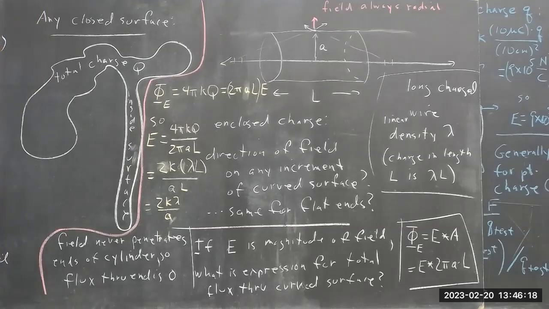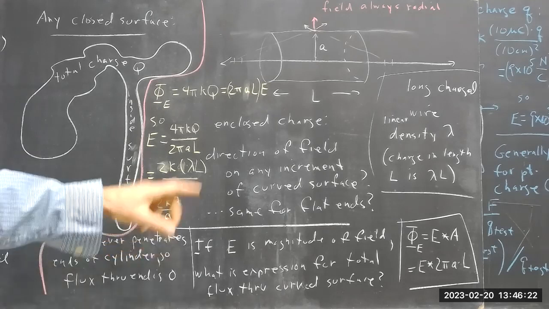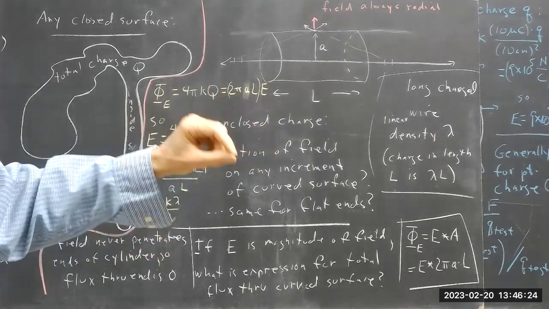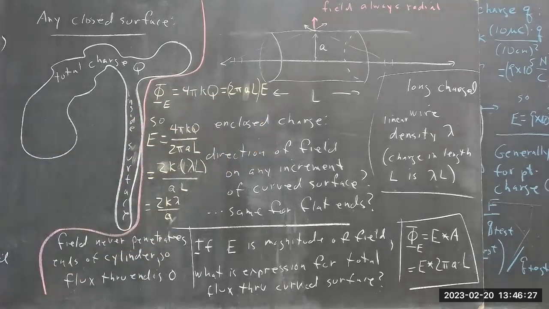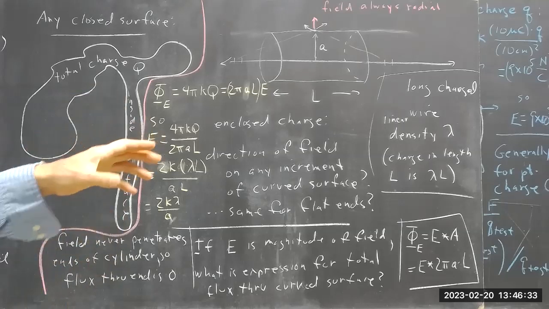You have an inverse square here, you have an inverse first power here. Now, if you want to integrate the field from one point to another, you integrate the reciprocal r squared, you get a reciprocal r. So potential energy goes like the reciprocal of r.